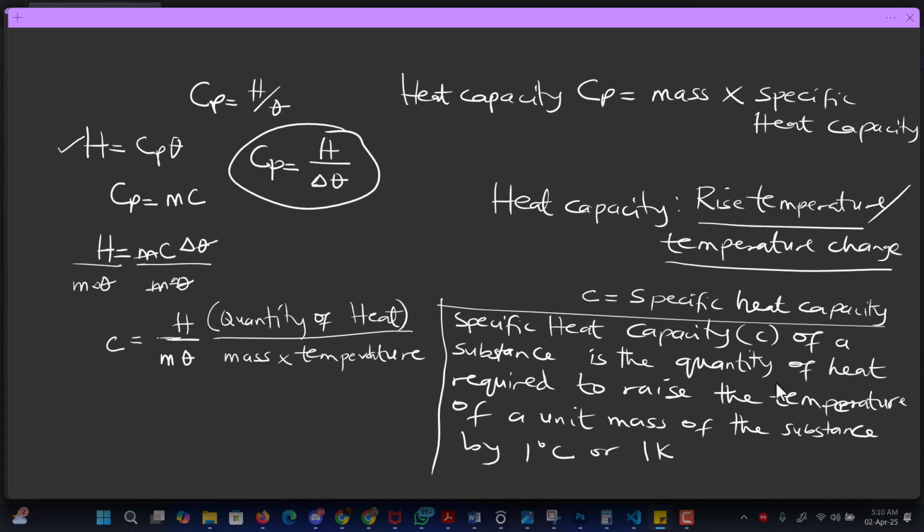So it's either you use 1 degree Celsius or you use 1 Kelvin. So that is what we have here now. The next thing we're going to talk about is how do we actually determine the specific capacity of any substance.